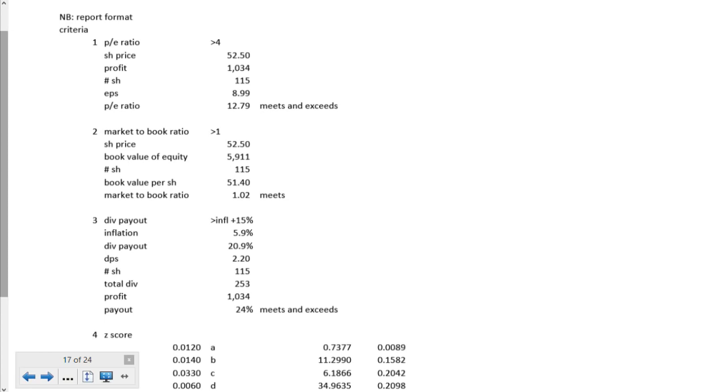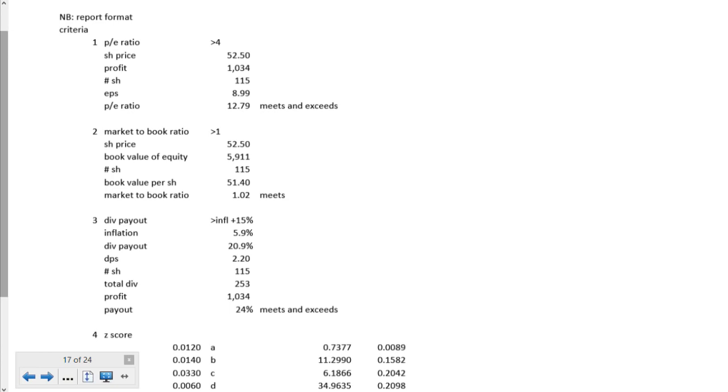Oh gosh, okay. So let's see. They gave you share price, 52 Rand 50. They gave you profit and number of shares, which gives you earnings per share, then the PE ratio, price over earnings.